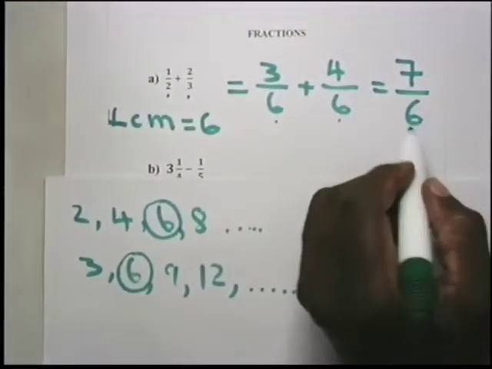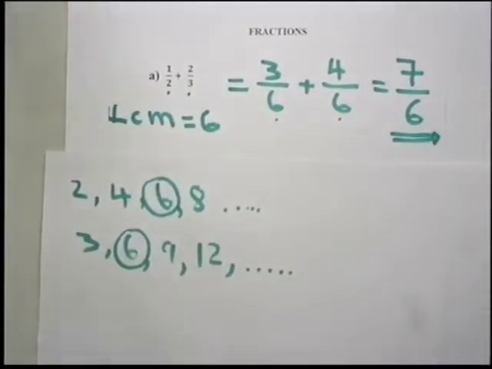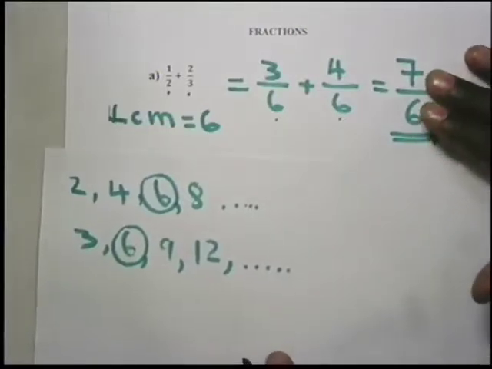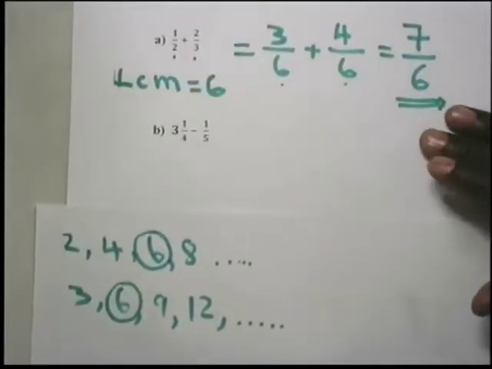So that is the expected answer. For now, we can leave our fraction as an improper fraction. We don't have to convert it into a decimal fraction or anything else. Now let's look at the second one, B.